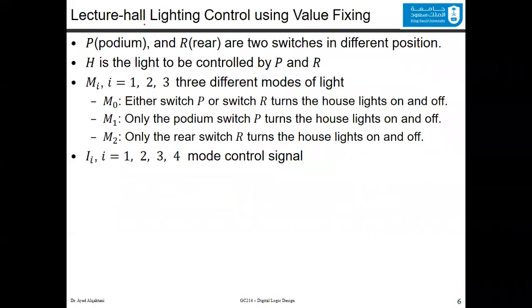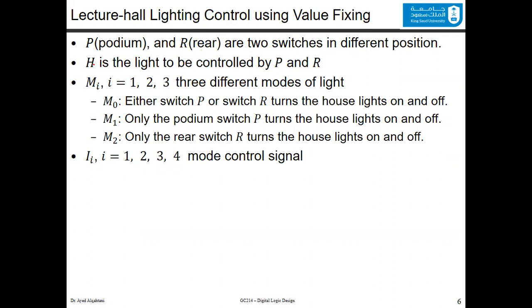As an example, this is a lecture hall lighting control using value fixing. And you will notice that we are applying many of the things that we discussed before. So let's consider P, which is podium, and R, which represents rear. There are 2 switches in different positions of a lecture hall.